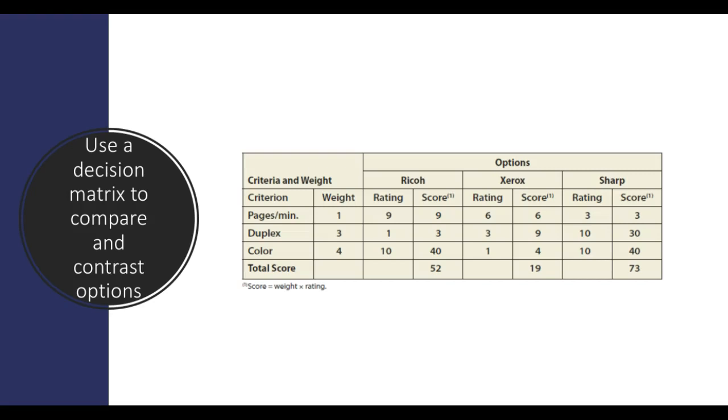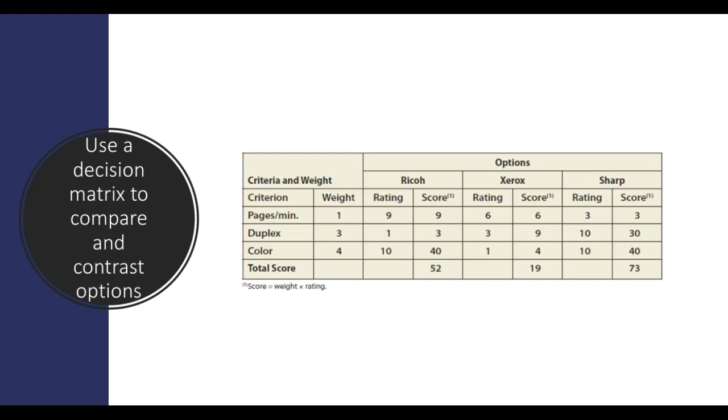So our score for the Ricoh is it got a 9 out of 1 through 10 for the rating. So we multiply the weight times the rating, that's 9. We did the duplex, 3 times 1, that's 3, and color 4 times 10, that's 40. So we know that the Ricoh does really good with color, and it does really well with pages per minute, and its duplex is fair, okay?